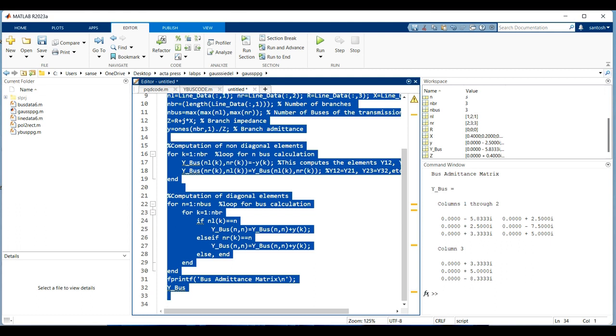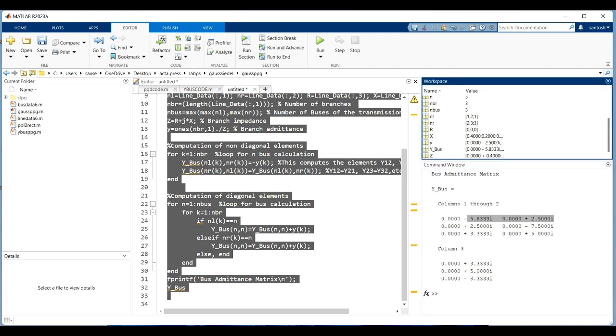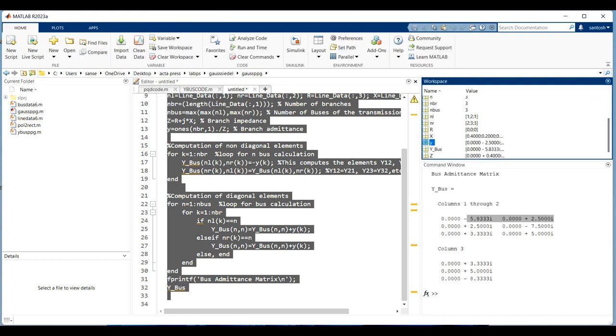After running the code, we get the same answer which we solved previously. So same answers we get in Matlab here also. We can see Ybus here.